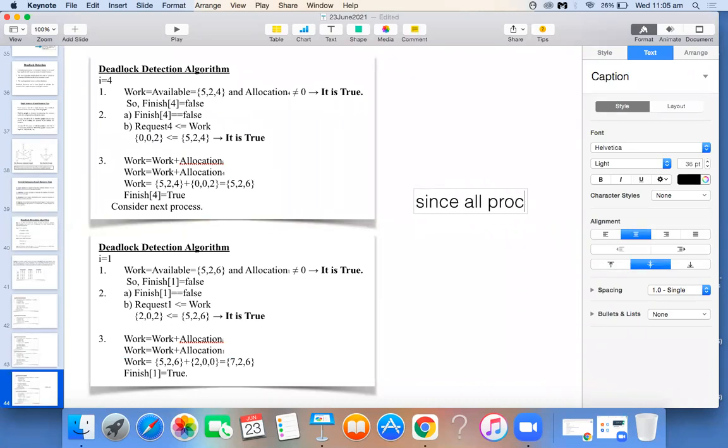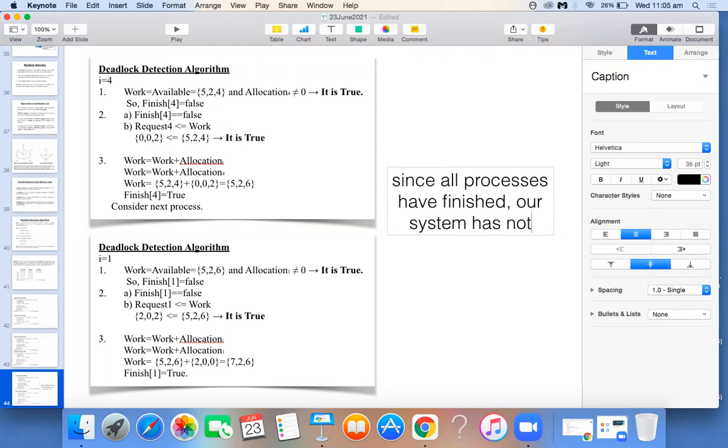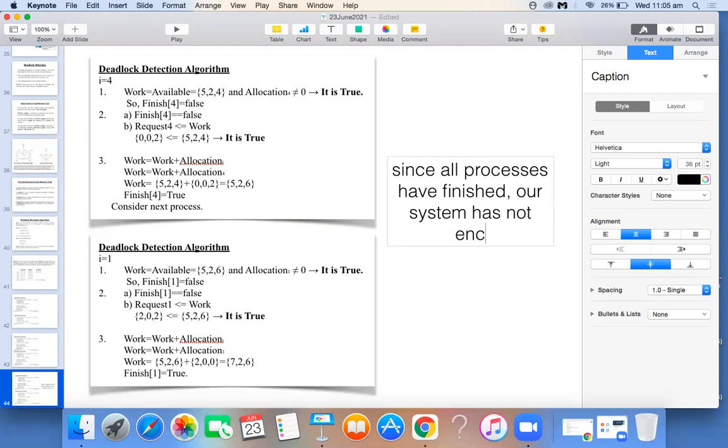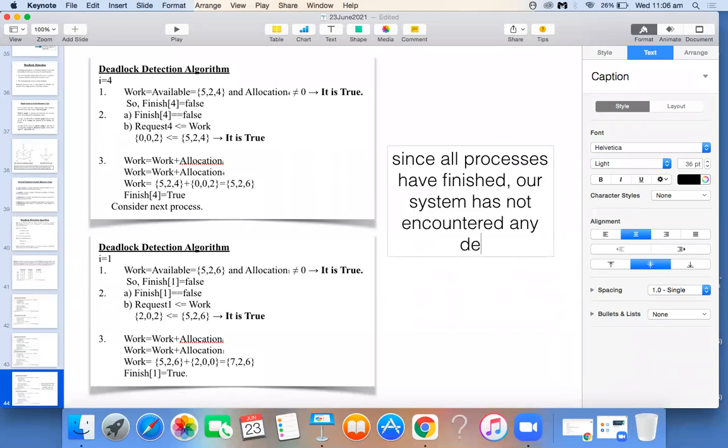Since all processes have finished, our system has not encountered any deadlock. Like that you have to write. Okay, so that is the answer for your problem.